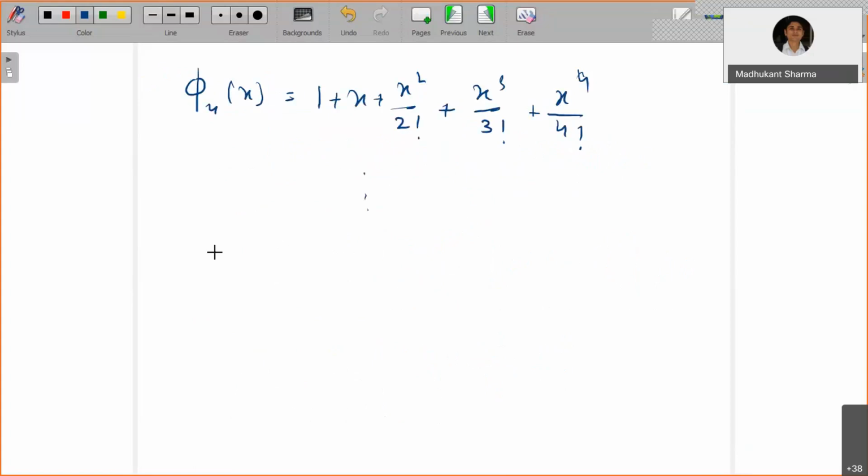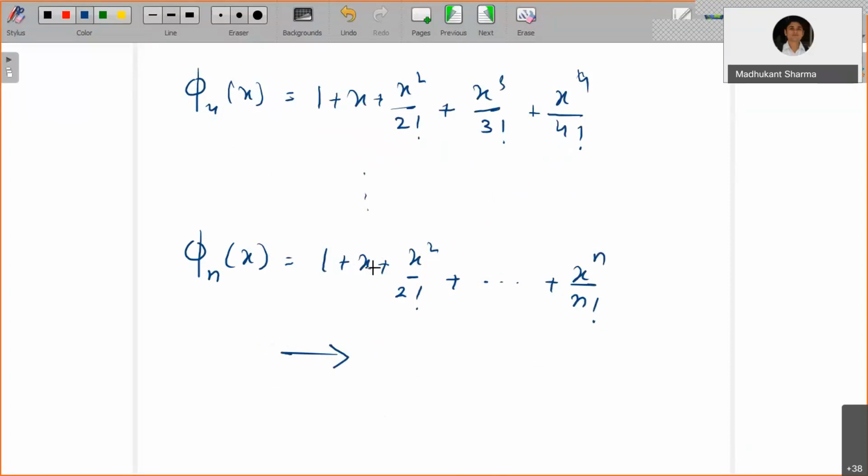From here I can write the final nth approximation will be 1 plus x square by 2 factorial plus and so on plus x to the power n by n factorial. As n tends to infinity, this is the nth partial sum of the Taylor series of e to the power x, and this tends to the solution, which is nothing but the analytical solution of the original equation, right?